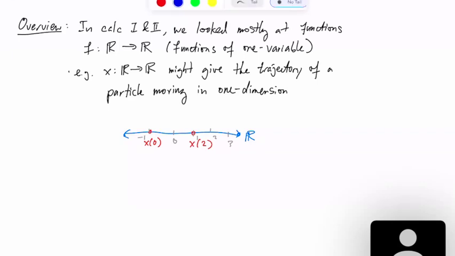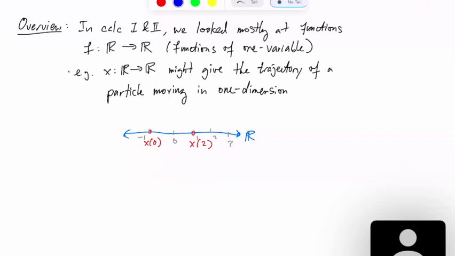So you could model the particle's progress along this one dimension by looking at its trajectory. Time is a one-dimensional quantity, and you're mapping into a one-dimensional space, a physical line.